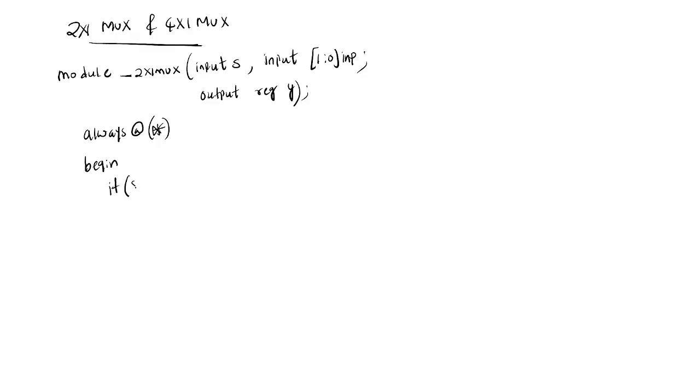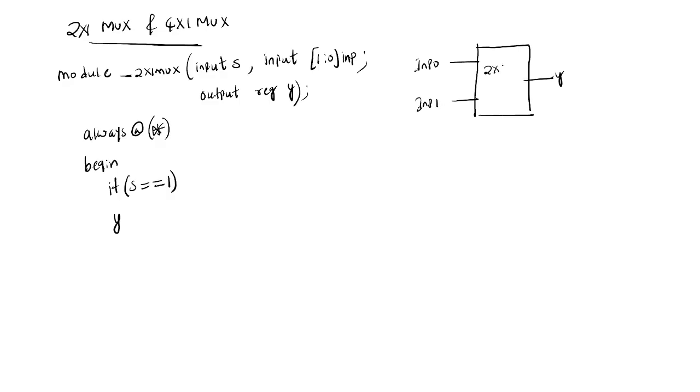If the selection line s equal to 1, which is connected to the output? We already saw the 2 cross 1 mux in digital. Let us take inp0 and inp1, and the output is y.